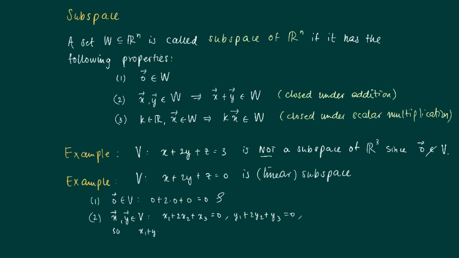So if we add, x1 plus y1 plus 2 times x2 plus y2 plus x3 plus y3, then again we obtain 0, since we can reformulate this sum, split the sum in two parts of which we know that they are 0.